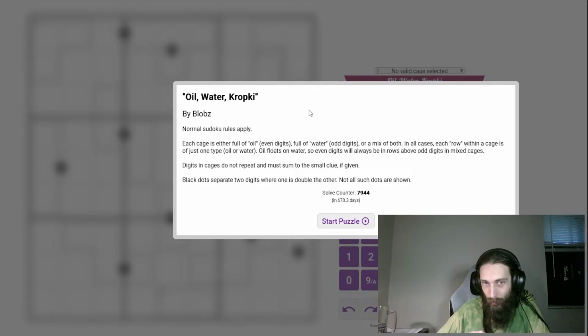Oil floats on water, so even digits will always be in rows above odd digits in mixed cages. Okay. Digits in cages do not repeat and must sum to the small clue if given. Black dots separate 2 digits where one is double the other. Not all such dots are shown.